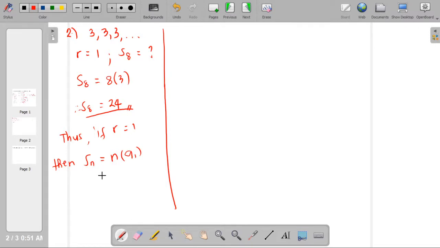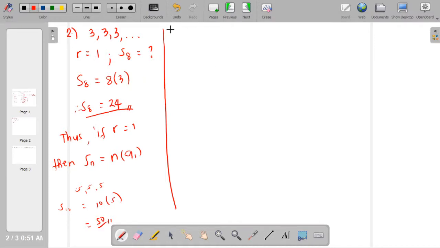For example, your geometric sequence is, let's just say 5, 5, 5, and you want to find the sum of the first 10 terms. So, 10 times 5. What is the sum? That's 50. How simple, right? This will only work, class, if your r is equal to 1.